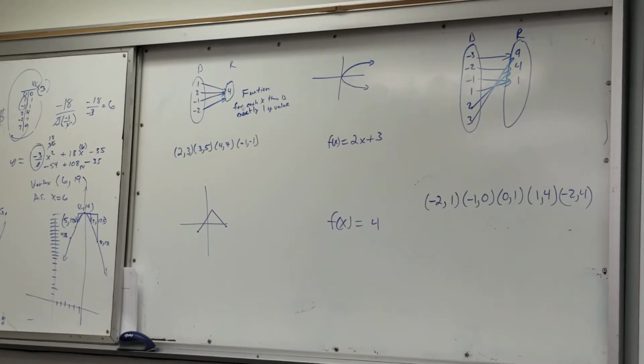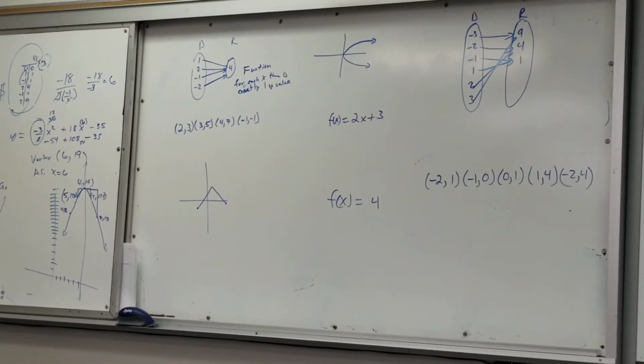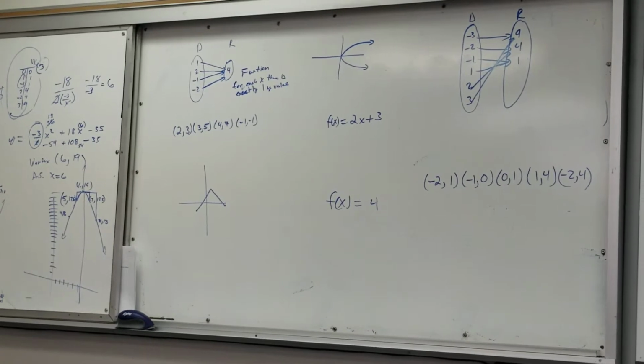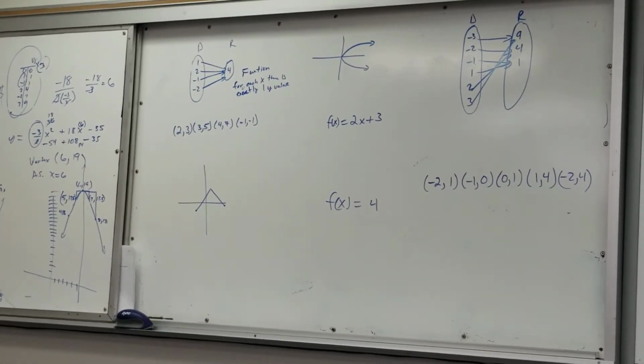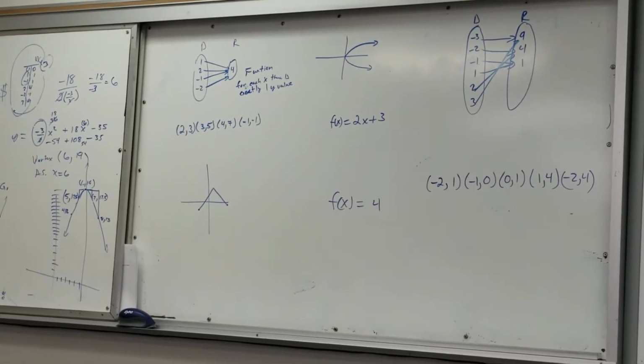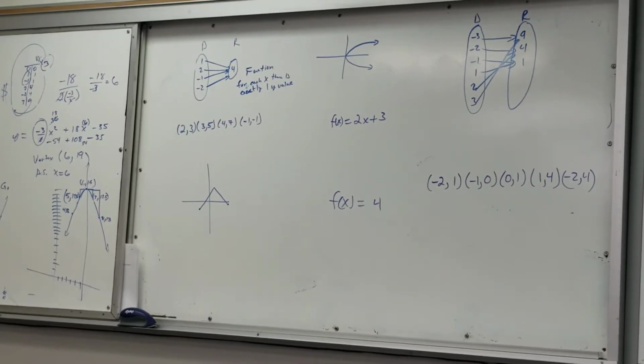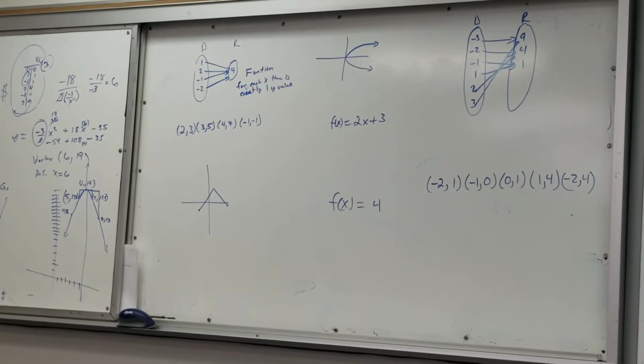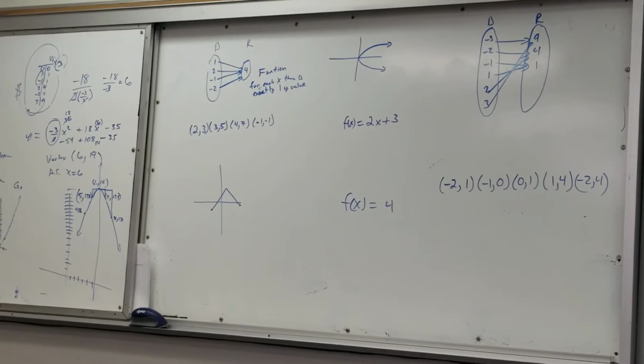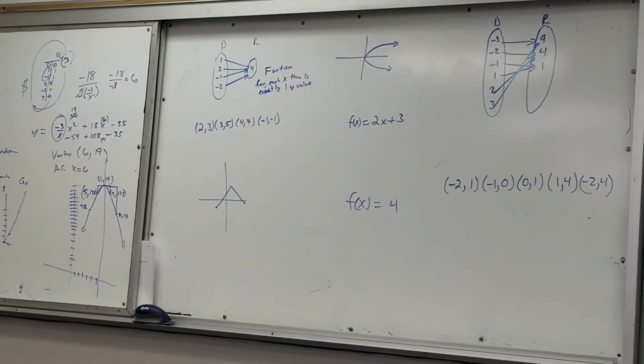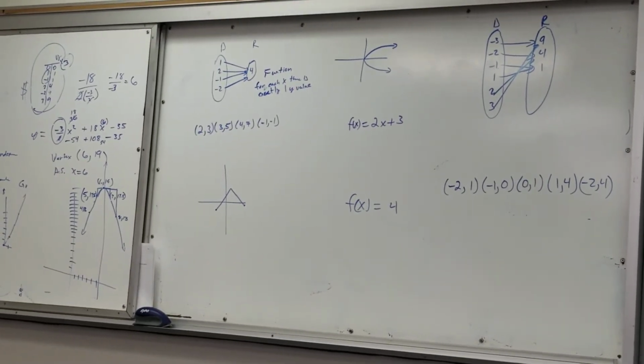Is it just a set of a few points or is it going to go on forever? Does it have the value 3 in the domain? No. Does it have the value 0 in the domain? Does it go on forever then? No. It would have to have all reals in the domain, right? So this one is not continuous.